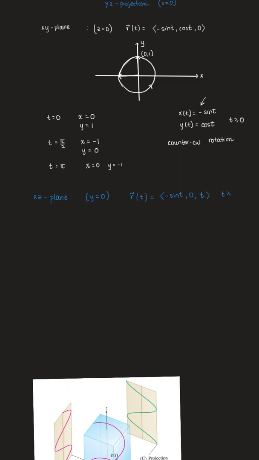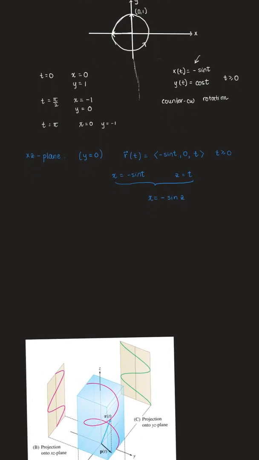Again, t greater than or equal to 0. So that means we have x is negative sine t, and z is equal to t. If we use these two equations and eliminate our parameter, we have that x equals negative sine of z. So this is a sine function that's been reflected and it travels along the z-axis.